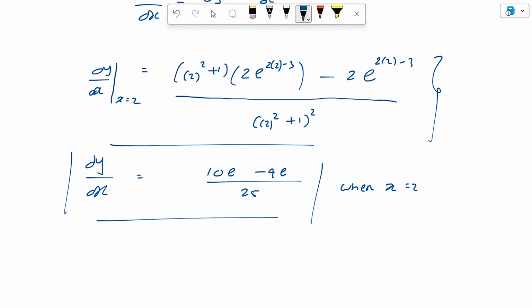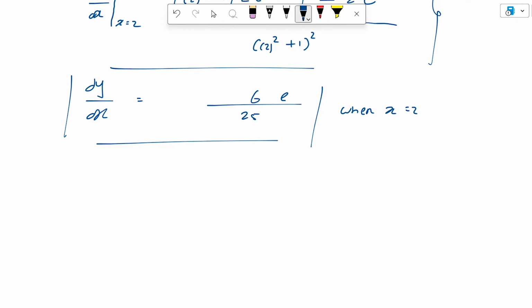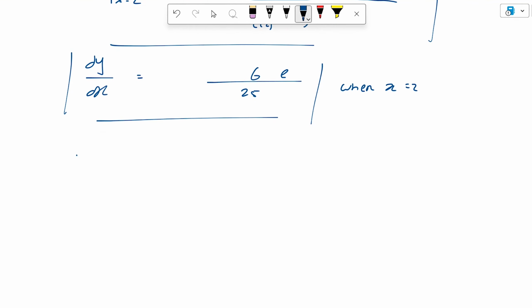Oh, actually, I can just simplify it even more. 10 minus 4, that's 6e. That's even more simplified. Okay, so now we have dy over dx is equal to 6e over 25.